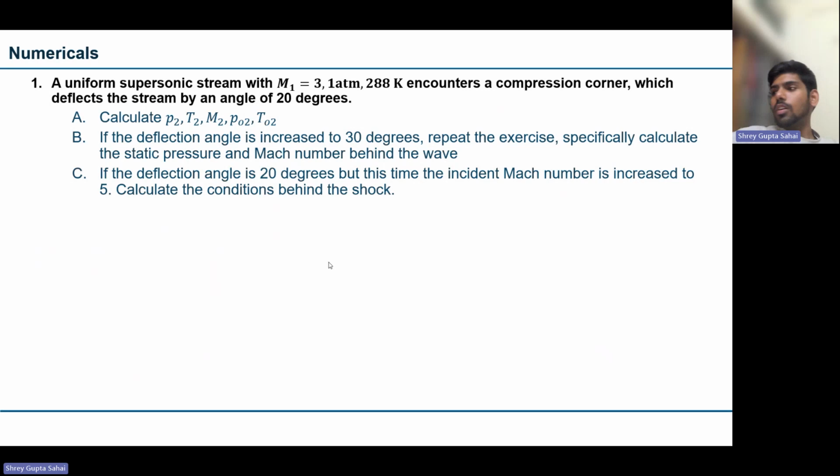We know that there is going to be a shock. Compare the results.